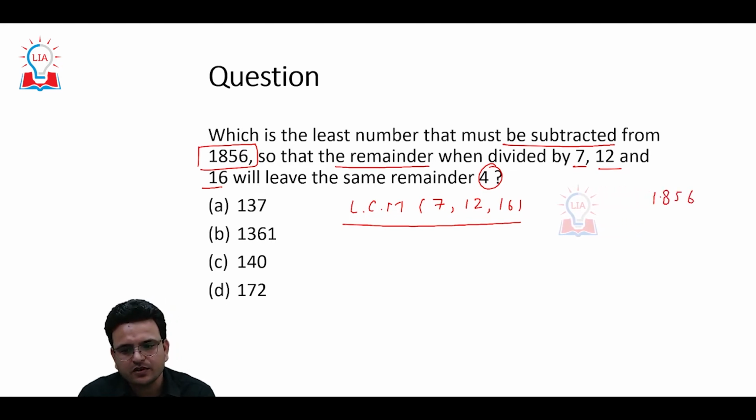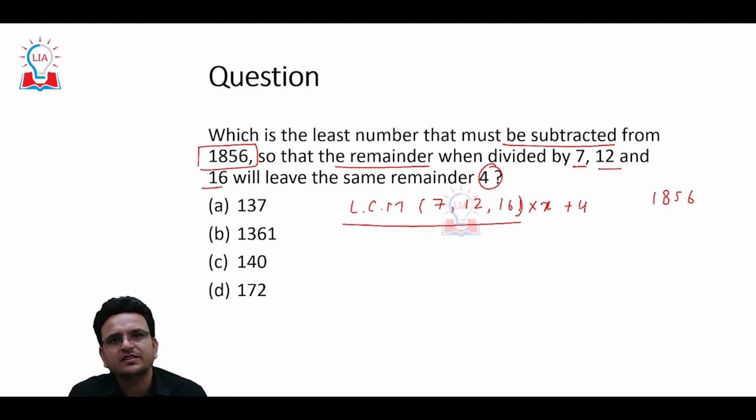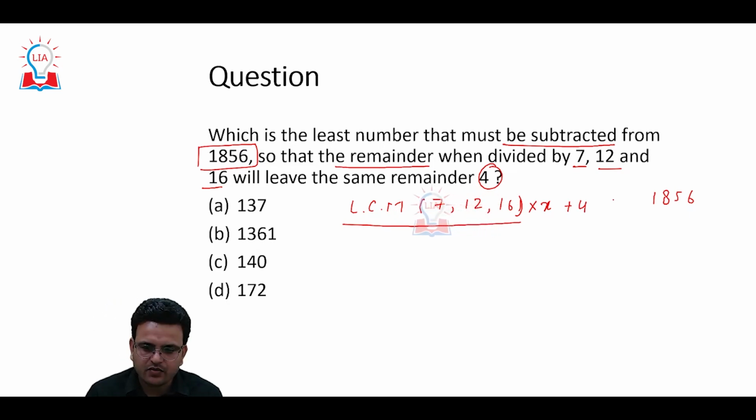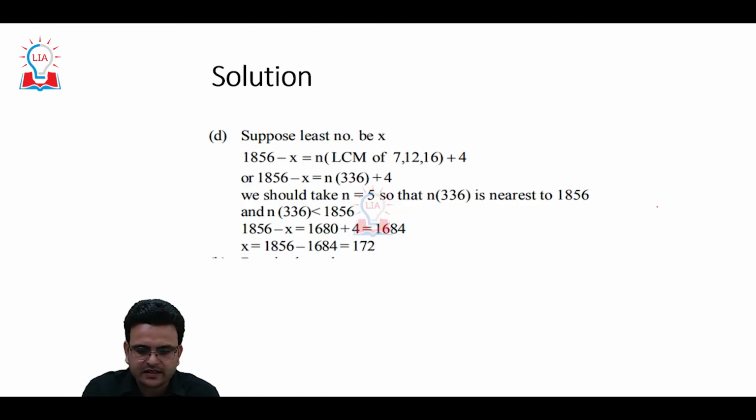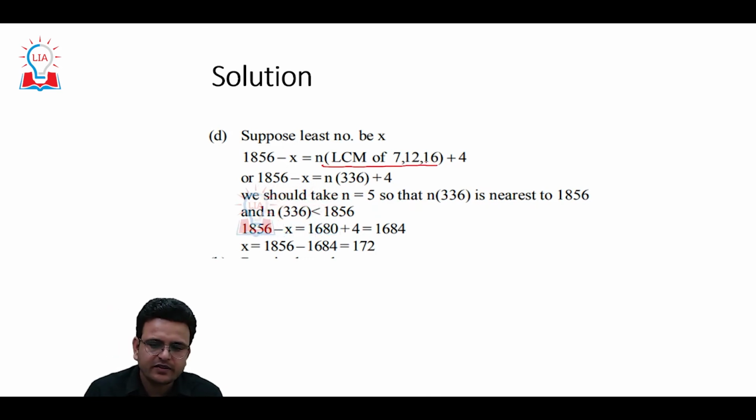We have to reach up to here, and we have to put x plus 4, and somehow reach up to here. So first of all, you have to get the LCM of 7, 12, 16. So what will be the LCM of 7, 12, 16?